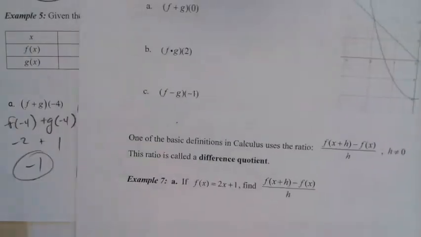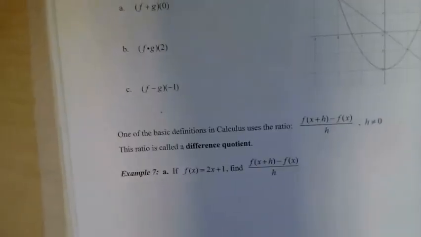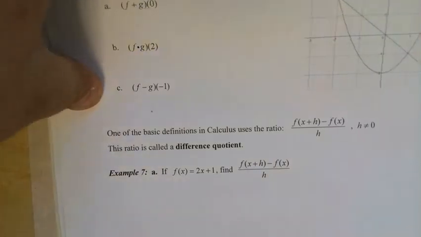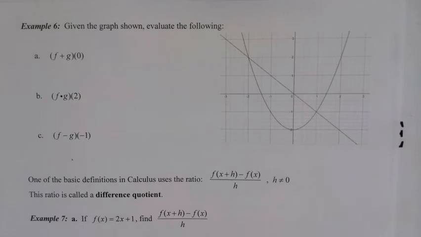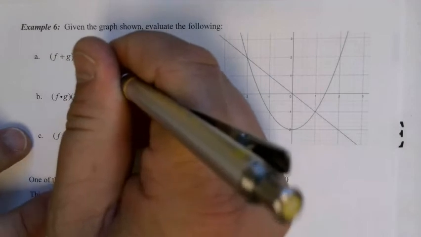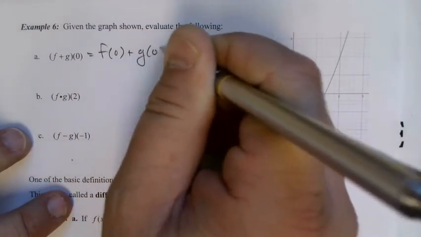With a graph, we're really looking at the same kind of things. We just have to evaluate these pieces on a graph. Let me show you. It says, given the graph, evaluate the following. It's telling me to evaluate f plus g of 0. Well, f plus g of 0 is just f of 0 plus g of 0.